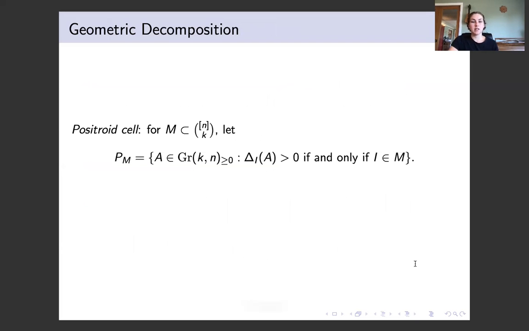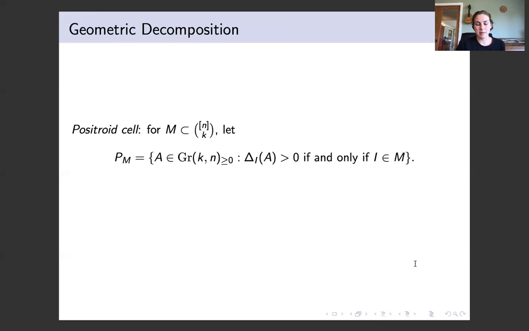So the geometry of the totally non-negative Grassmannian can be complicated, so it's useful to decompose it into smaller pieces, and we call these pieces positroid cells. Positroid cells are determined by a subset M contained in the set of all subsets of size k in a subset of the numbers 1 through n.